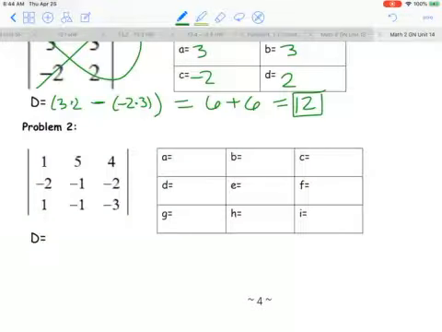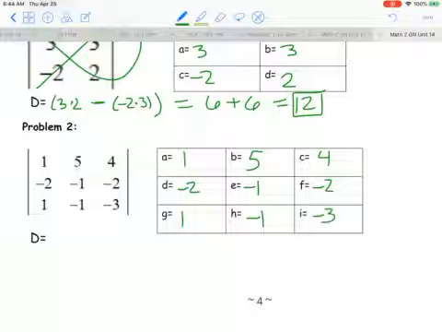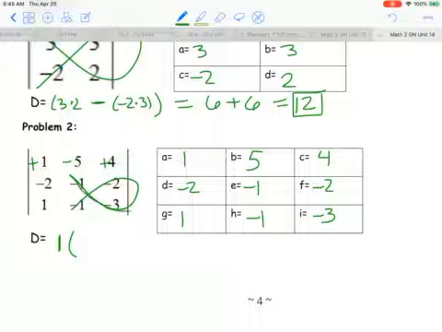For the 3x3, remember, just copy these over, negative 2, negative 1, negative 2, 1, negative 1, negative 3. And again, fish, so plus, minus, plus. We have 1 times the fish, which is negative 1 times negative 3, minus negative 2 times 1, negative 1, sorry.